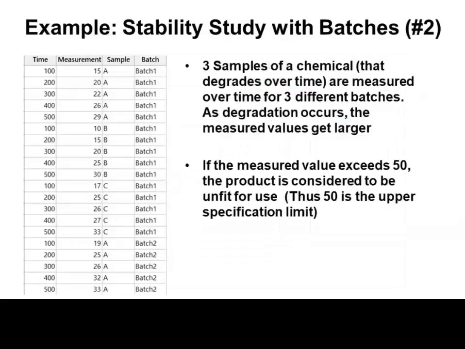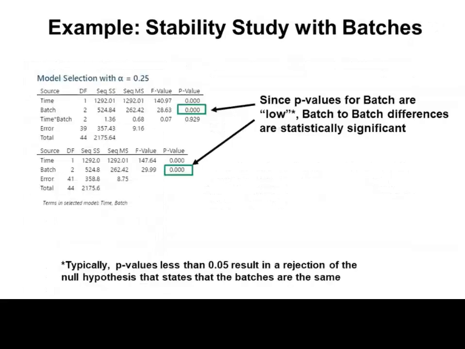Now, I put together an example where you can't get away with pooling the batches. So here we have a similar setup. When you analyze the data, this was extreme in the other direction. Just the batch p-value is very low. It's less than 0.0005, so it's just rounding to three zeros.